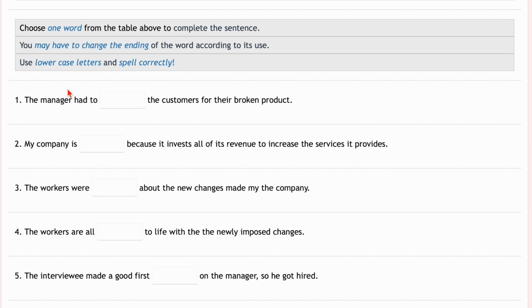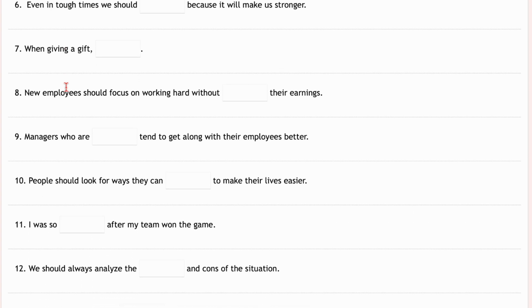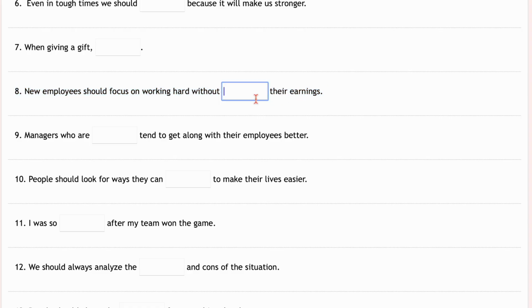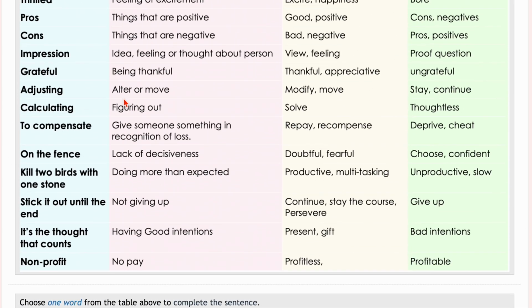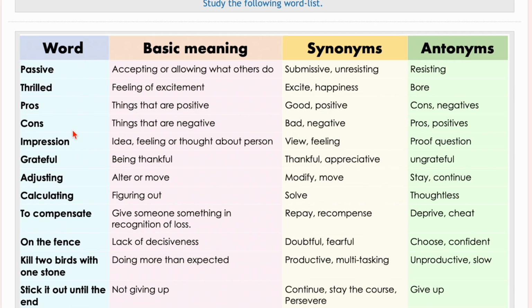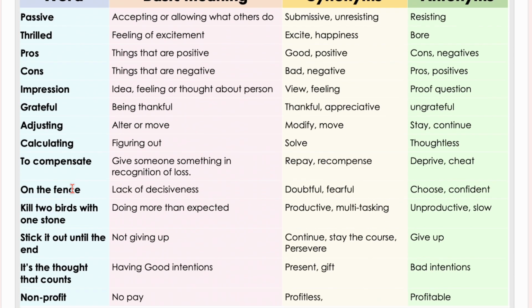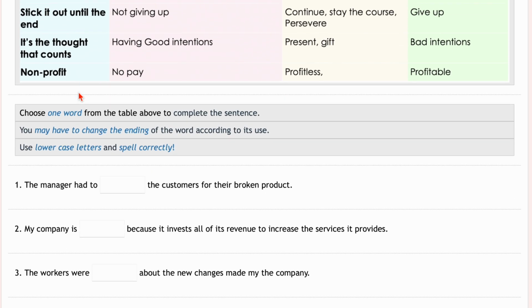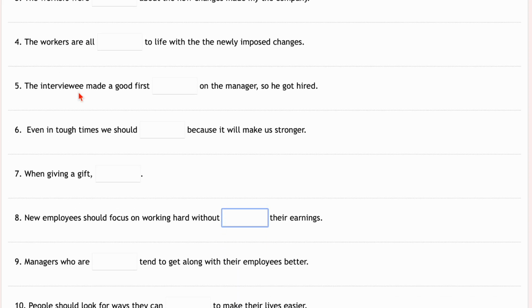And then there's this great exercise where you read the sentence. New employees should focus on working hard without their earnings. And then you need to think of one word from the word list that could go in there, maybe calculating. Let's see, new employees should focus on working without calculating their earnings.